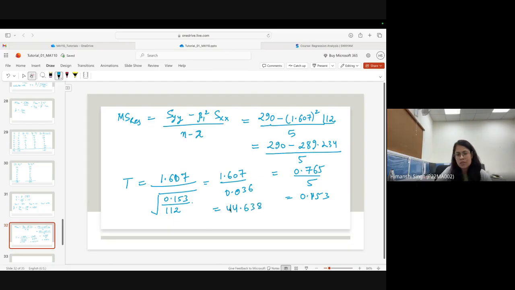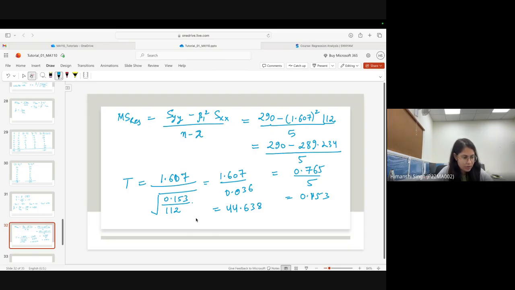So there may be a little difference between your calculation and my calculation, because there is a difference in the decimal points. However, if we compare this with the value from the table, then if you write 43, 42, or even 45 in place of 44, there is no difference, because this value is very much bigger than the value from the table. If you are getting different values, it's fine.